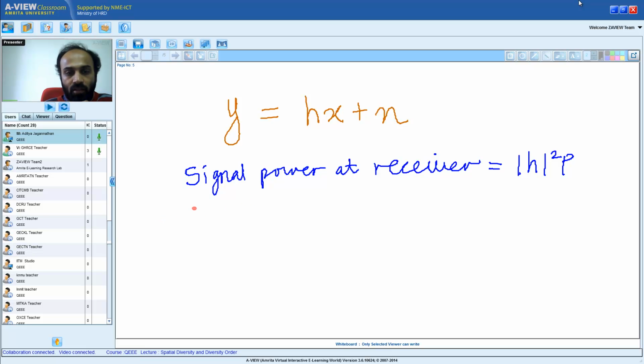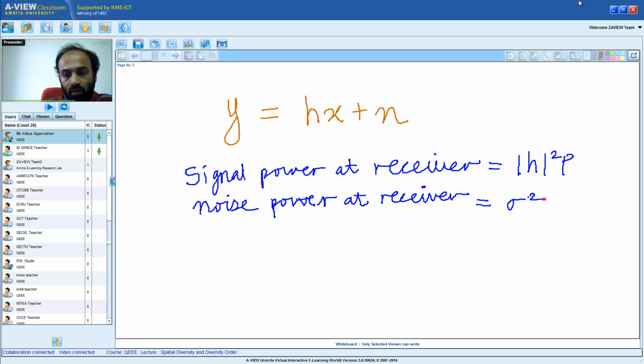What about noise power at receiver? Noise power at receiver is equal to sigma square. Therefore, now in the fading wireless channel, of course this magnitude H square is nothing but G. So this is also G times P.